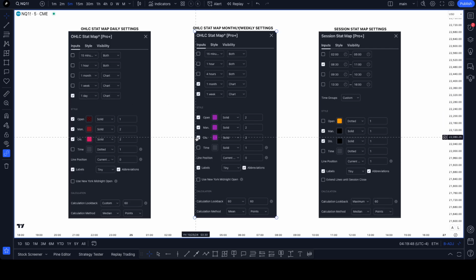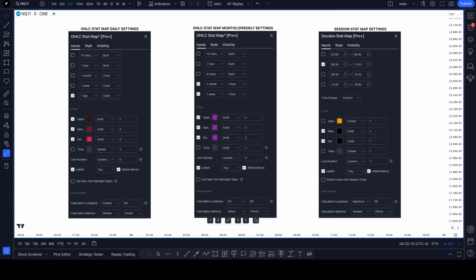Open, manipulation, and distribution with the look back at 60 with the calculation method at mean. For the session stat map settings, I only have the 8:30 to 11 and manipulation and distributions checked off. I do not have the opening price checked off for my session stat map. The calculation look back for this is going to be at maximum with the method at median and points.